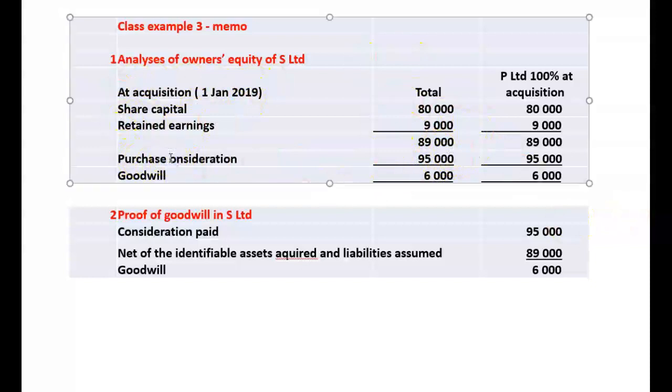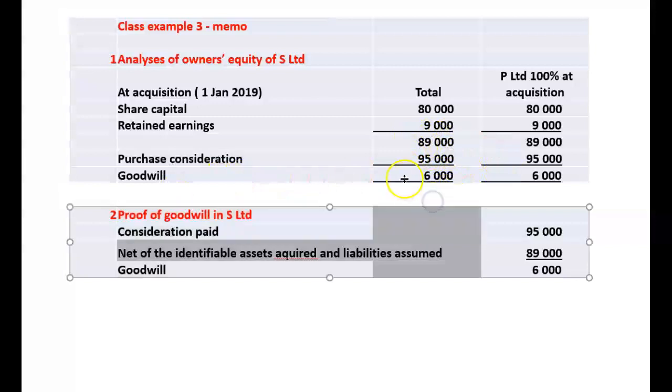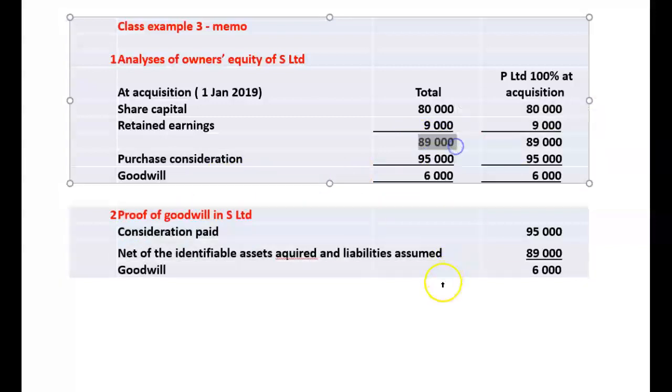The purchase consideration was 95,000, so they paid more for the shares than the net asset value, the underlying value, which was 89,000, assets less liabilities equals equity. They paid 6,000 Rand more, so there was goodwill with this purchase of 6,000. So that was the share capital, and P acquired 100% at that consideration.